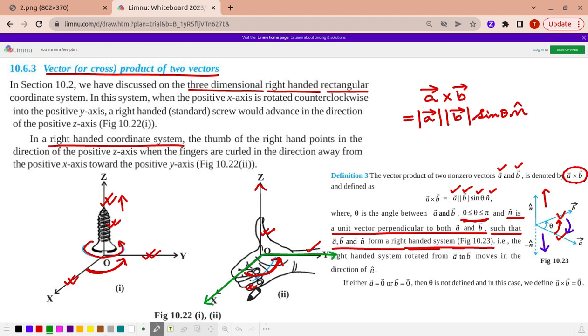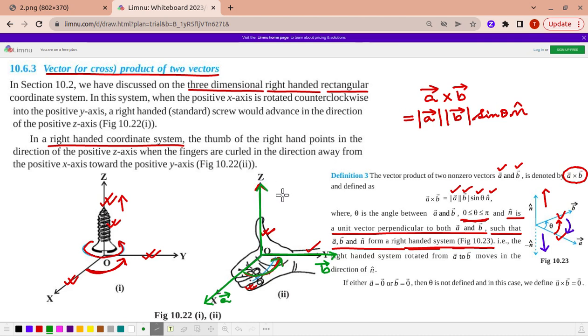The angle between A and B, in this case, is 90 degrees. Then what will be the n cap vector? N cap vector will point towards the z axis. This will be the n cap vector.